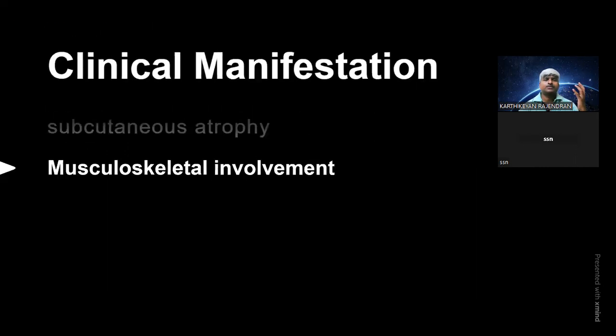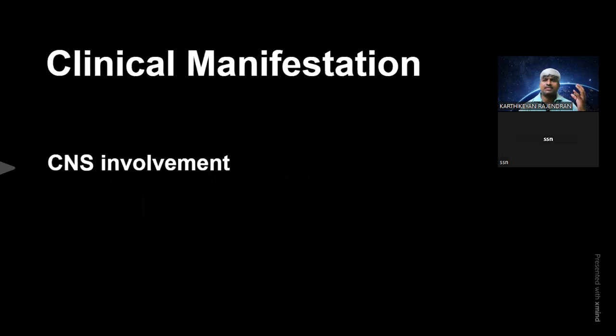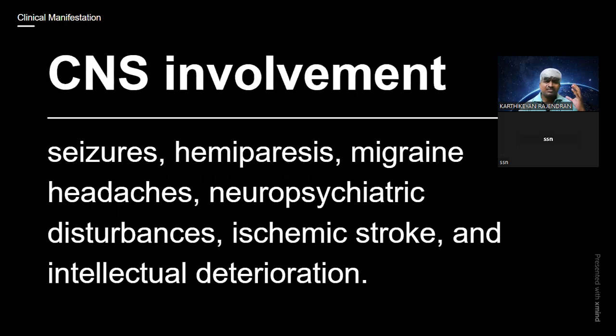Coming to the CNS involvement, we have seizures, hemiparesis, migraine headaches, neuropsychiatric disturbances, ischemic stroke, and intellectual deterioration. All these things come under CNS involvement. Most patients present with seizures and facial atrophy.